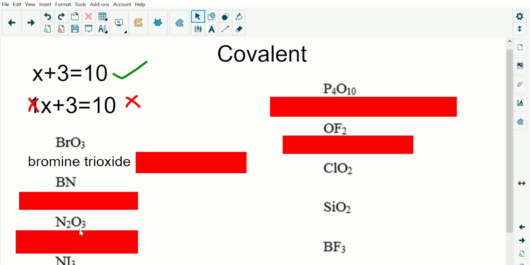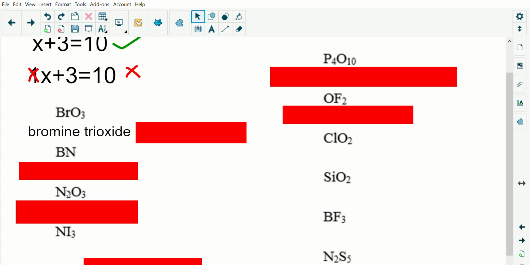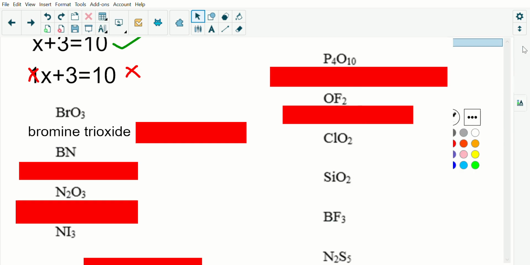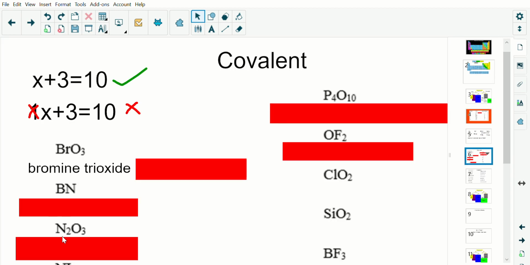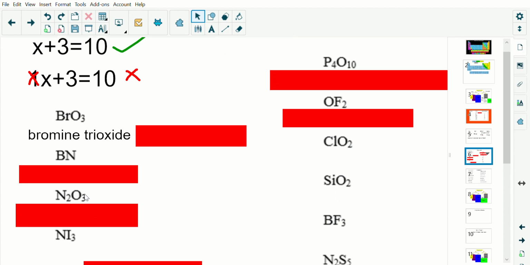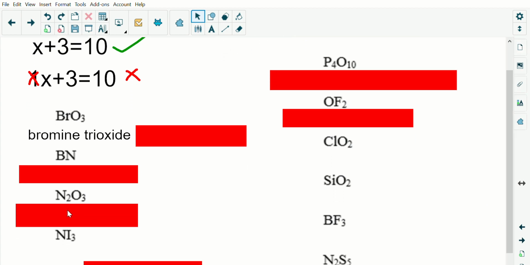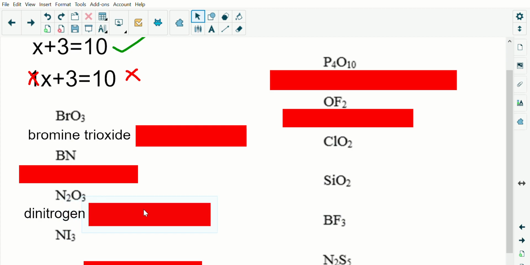Going on to this one, nitrogen has a 2 by it, and di is 2. 2 nitrogens and 3 oxygens, so this is going to be dinitrogen trioxide. Notice the ide ending again.